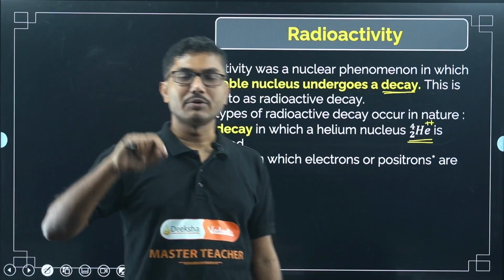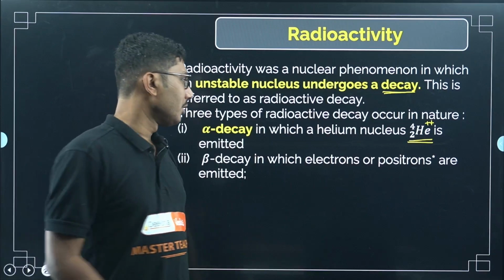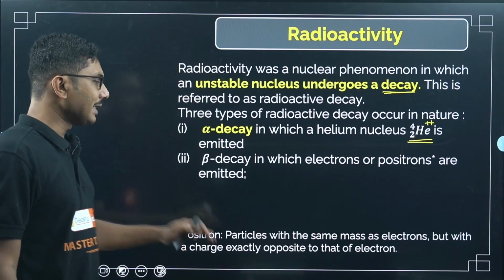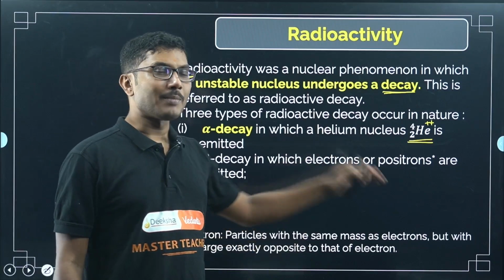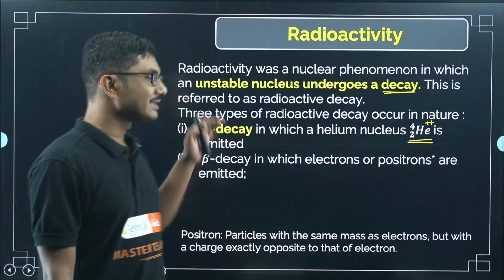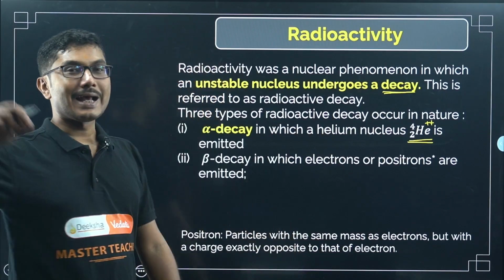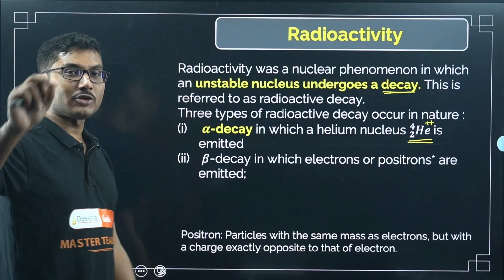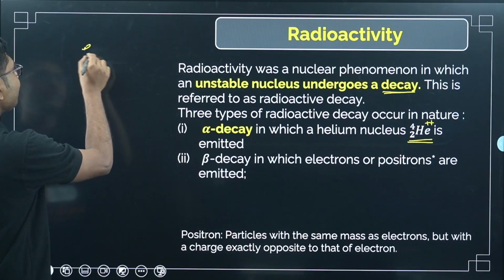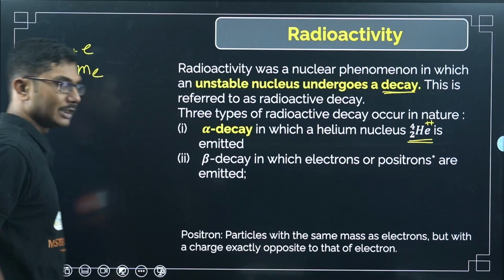Similarly, sometimes a proton will decay and it will give out one positron. So what is a positron? By the way, a positron is a particle which has the same mass as an electron, but exactly the same charge as an electron in the opposite sign. So the charge of a positron is plus e and the mass of a positron is me.